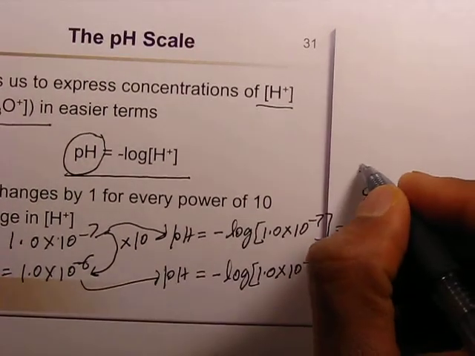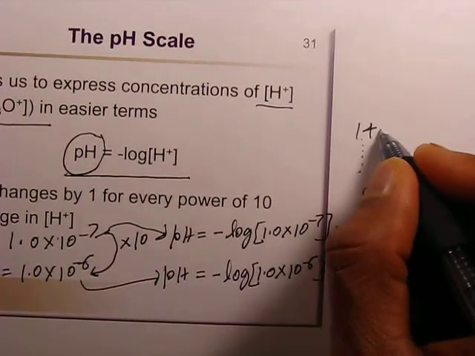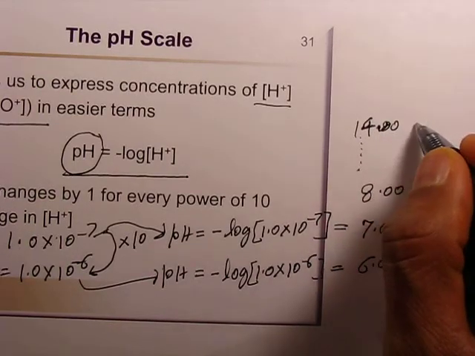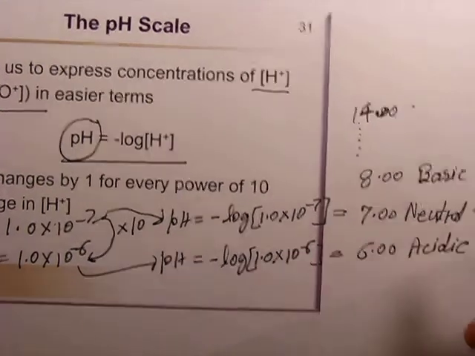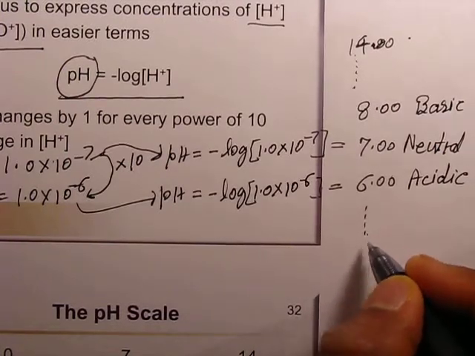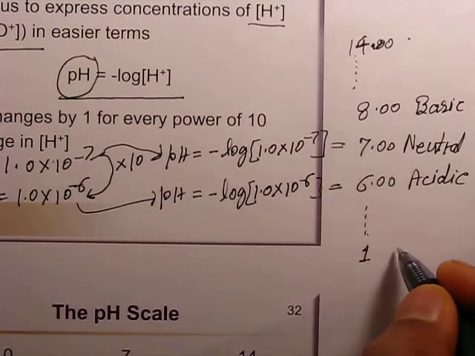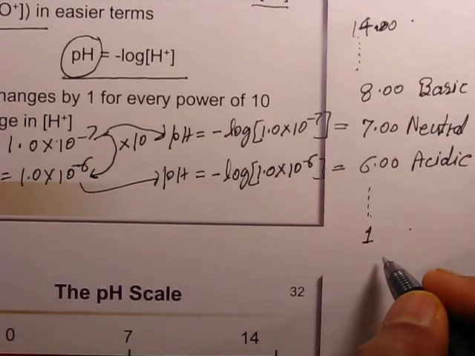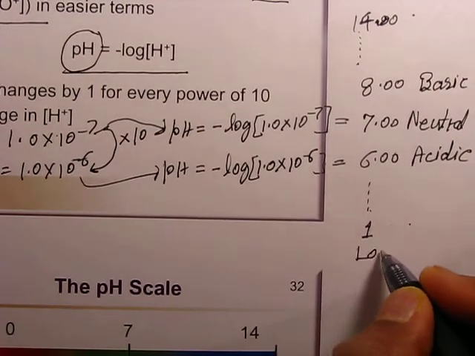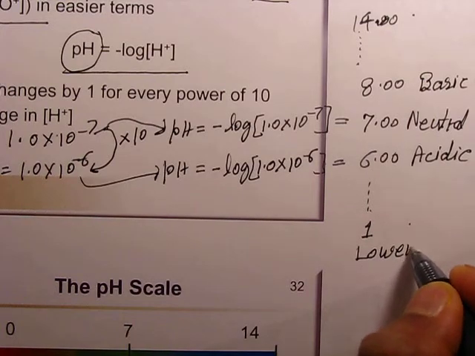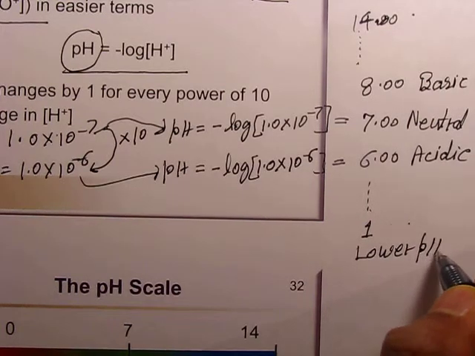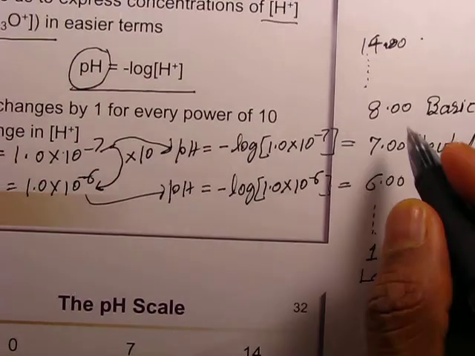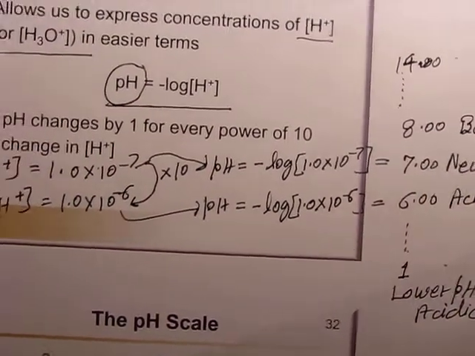The maximum will go up to 14.0 and that will be the most basic, and the minimum will go down to 1 or 0 and that will be the most acidic part. So lower pH means acidic strength and higher pH means basic strength.